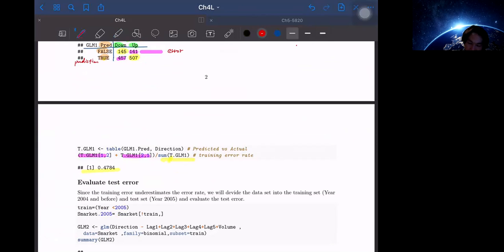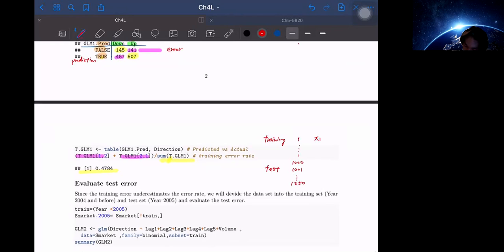So in terms of prediction, we have to have test data. So we have the training data and the test data. For example, we have 1,000 days of training data, and we test this model's performance with the other 250 observations. So the situation is that we observe the predictors x1 to x1000 and y1 to y1000.